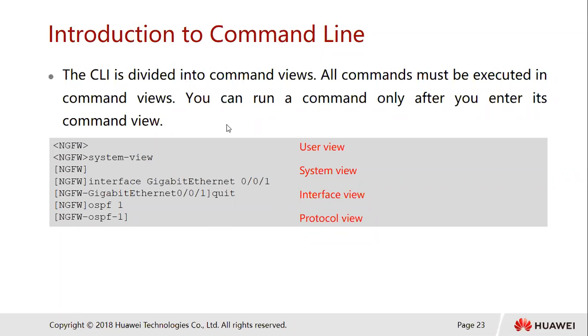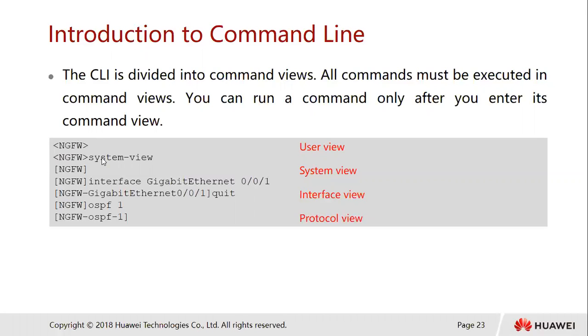And this CLI has different views. So you can see the first view is what we call the user view. And how do you know that you are in the user view? It is because of these brackets here, this prompt.